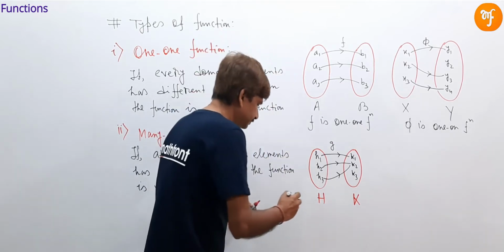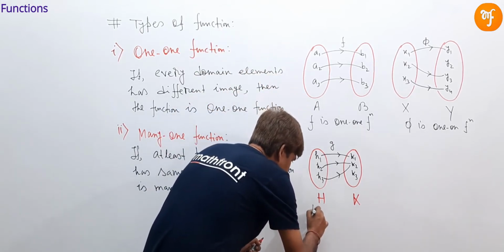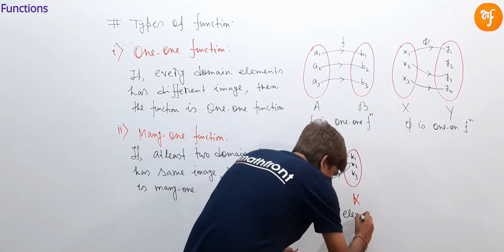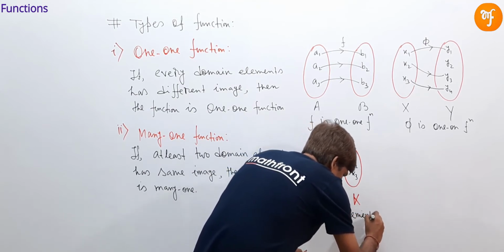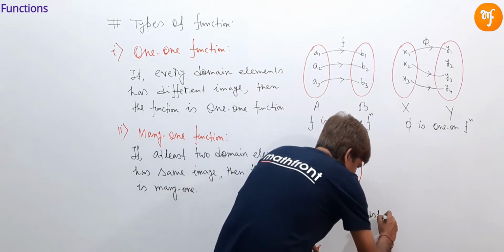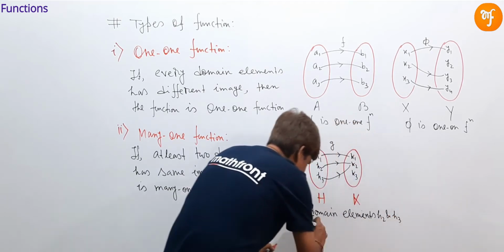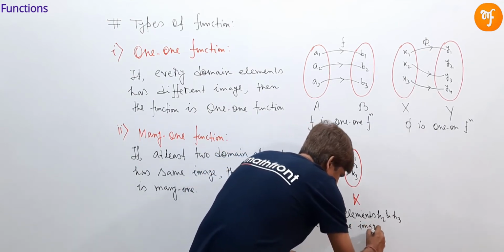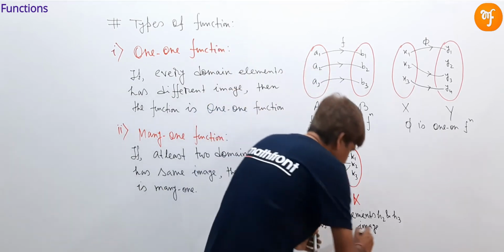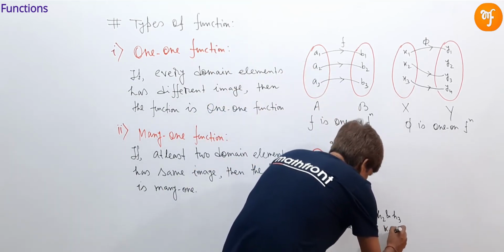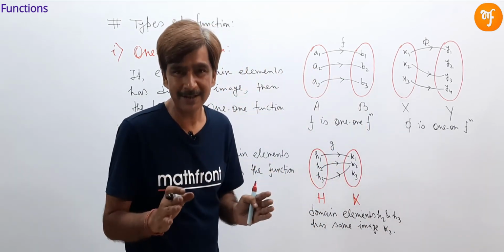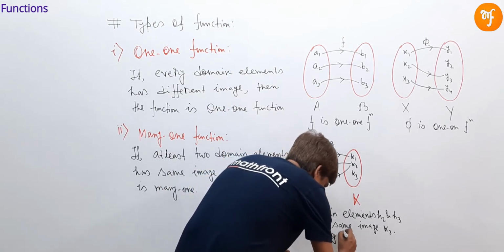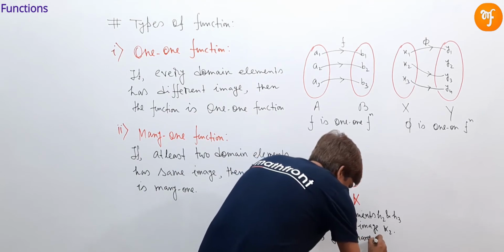Okay, so please write down: domain elements H2 and H3 have the same image, and the same image is K2. So that is why the function G is here a many-one function. So G is many-one. Okay.